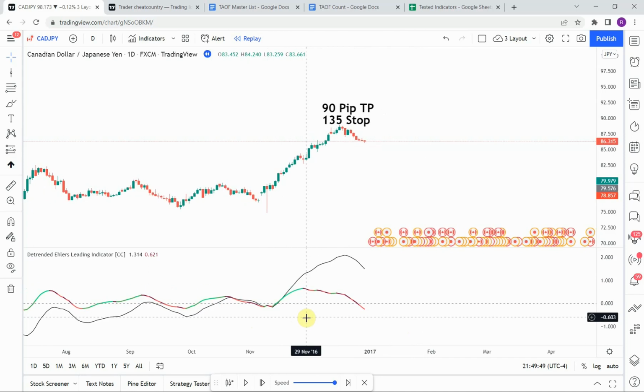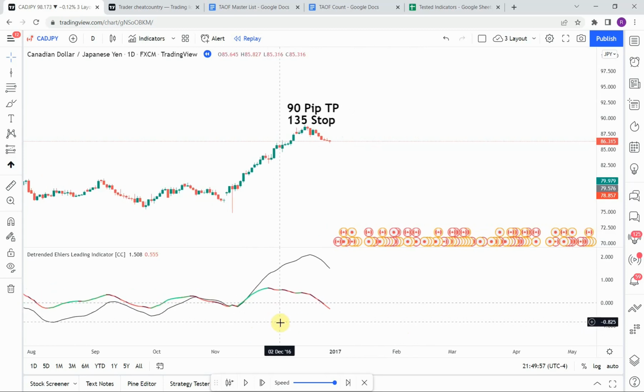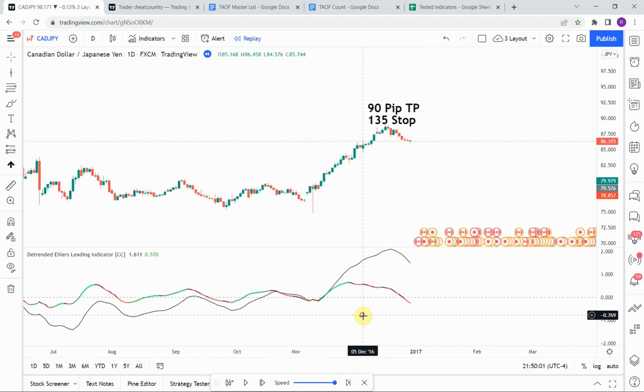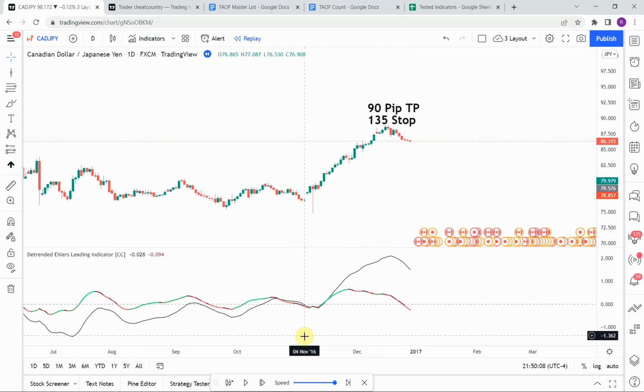Again, on the page for this indicator, the creator explains that he had used it as a cross, and I'm not 100% sure if the cross was this line here, the two lines.